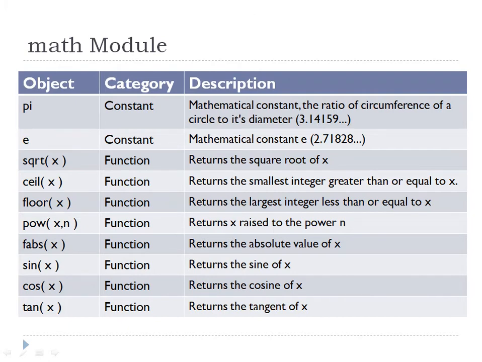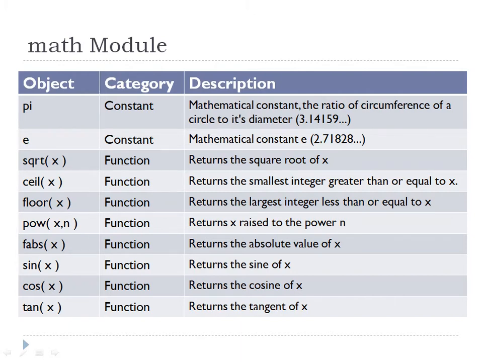Next, coming on to the functions. As per your syllabus, we have the function for square root named sqrt and you provide the value of x. Then we have the ceiling function, ceil x. It returns the smallest integer greater than or equal to x. There are two functions, ceil and floor. They work with float values. How will they work? If you give 3.5 and you want the floor, it will give 3.